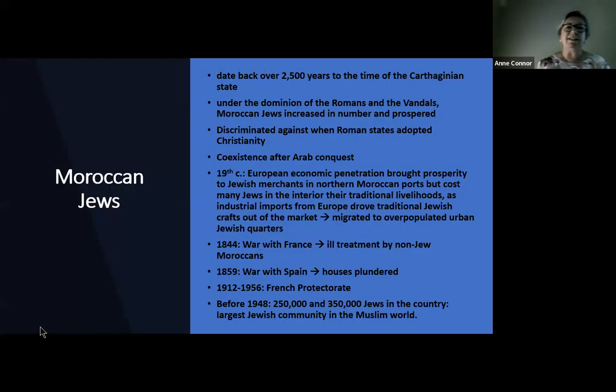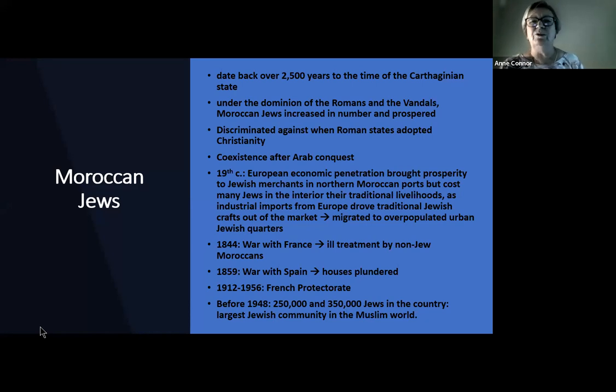There is an interesting part of the population in Morocco that he's going to come in contact with, who are the Moroccan Jews that had actually settled in Morocco already 2,500 years before his trip, at the time of the Carthaginian state.